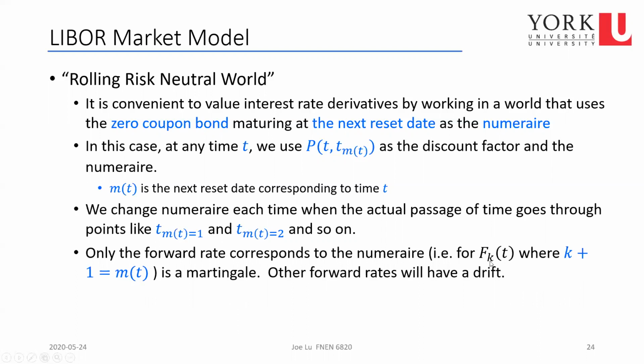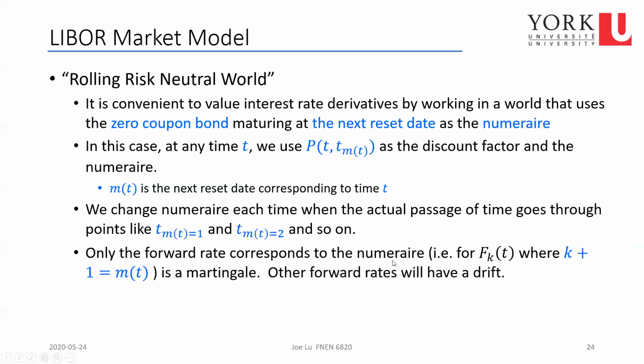Then this particular point will have no drift, will be a martingale. In that case, if k1 is such a point that follows a martingale process, then Fk2, Fk3, Fk4, and so on all have a drift, but k1 would not.